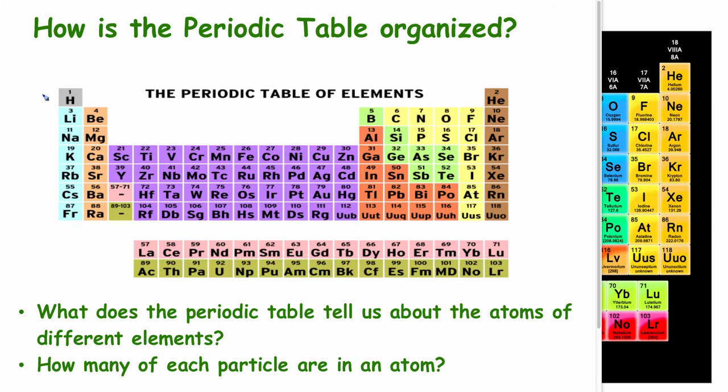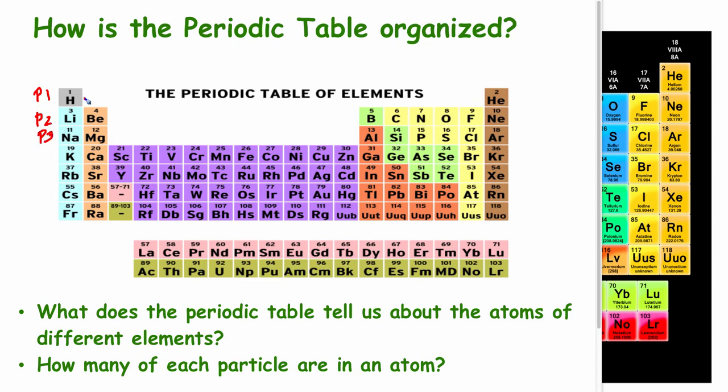So if we look at the periodic table as rows of elements, and we look at the periodic table as columns of elements, there's some unique things to understand. So first of all, we're going to just call this period 1. We're going to call this period 2, and we'll call this one period 3.